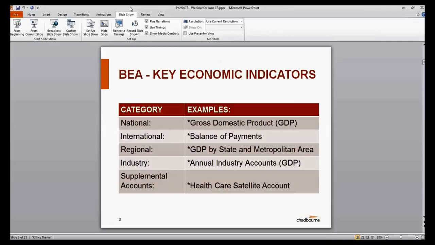As you can imagine, can we go to the next slide? The BEA is collecting data on key economic indicators for our worldwide economy. And if you look at this slide, you can sort of understand why they take this reporting burden so seriously. I met with BEA folks, and I've developed a really long-standing relationship with them.